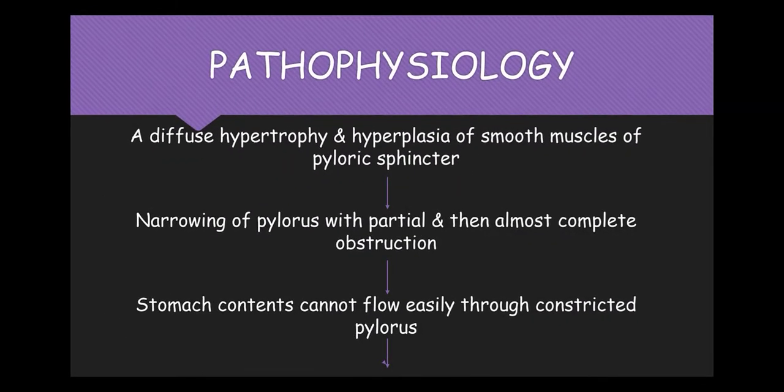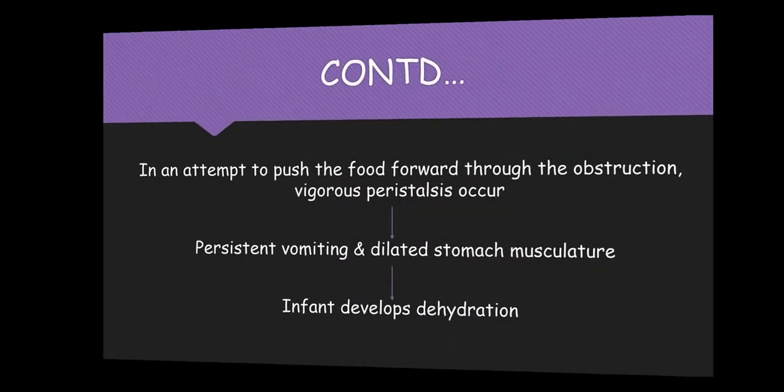Now the pathophysiology. There is a diffuse hypertrophy and hyperplasia of smooth muscles of pyloric sphincter. Because of this, there is a narrowing of pylorus with partial and then almost complete obstruction. Because of the obstruction of pylorus, it prevents food from moving from the stomach to the intestine.